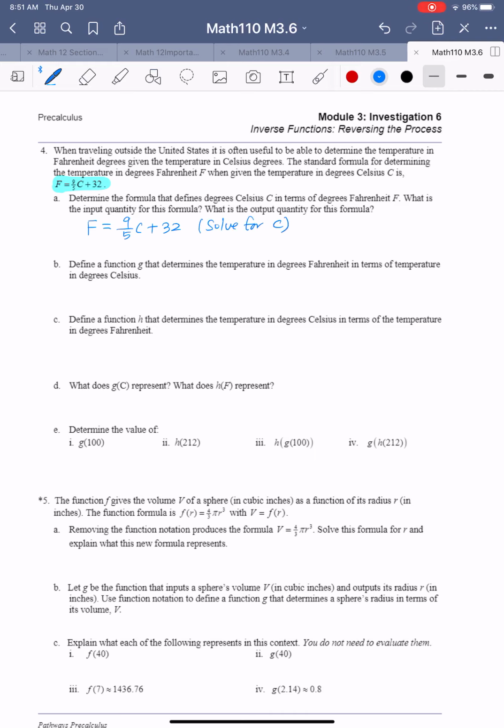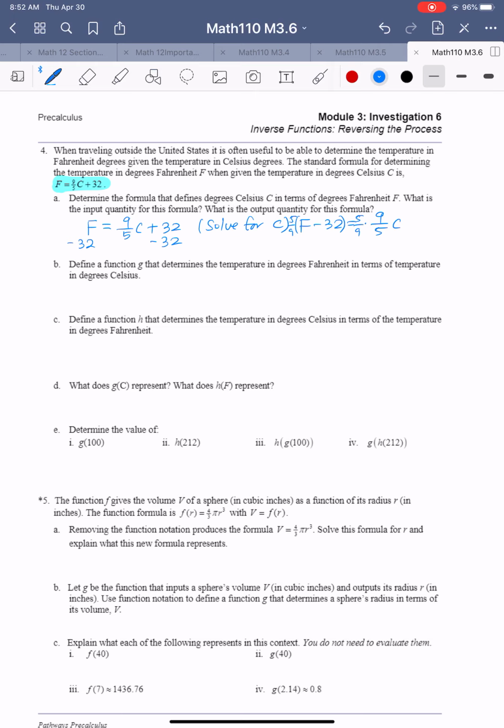So in order to solve for C, you need to subtract 32 first, which gives F minus 32 equal to 9/5 C. And then in order to find C by itself, we need to multiply both sides by 5/9.